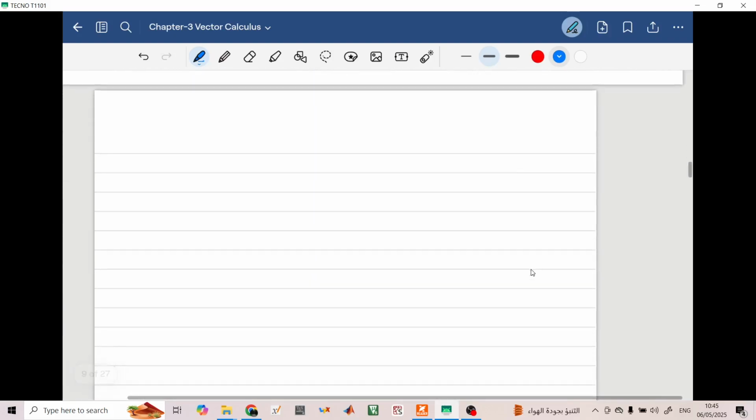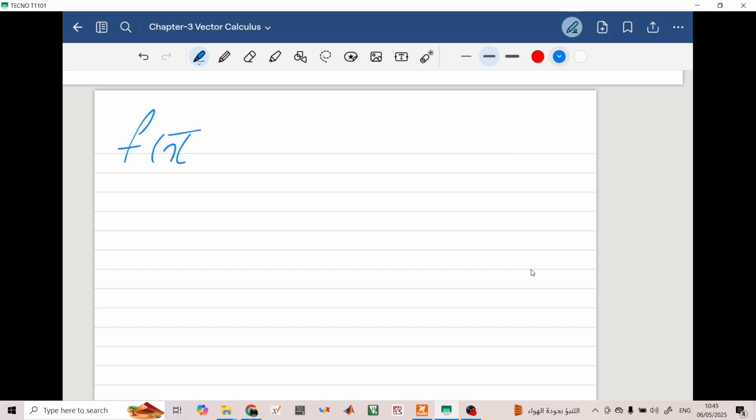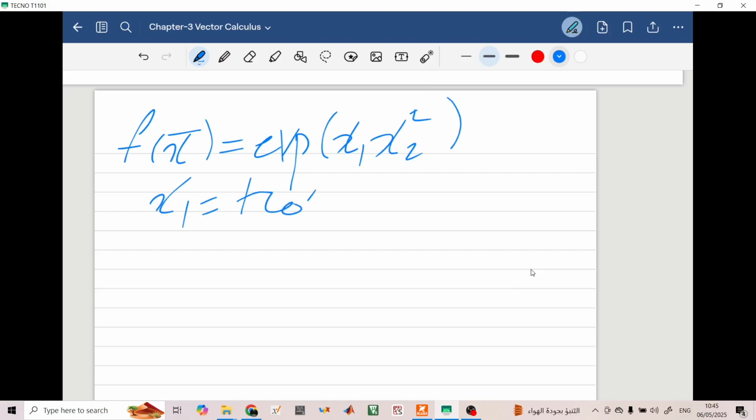Okay, again, so firstly let's put down the multi-variable function f of x vector equals exponential x1 times x2 squared, and x1 is t cosine t, and x2 is t sine t.